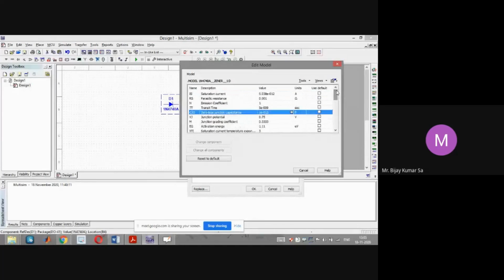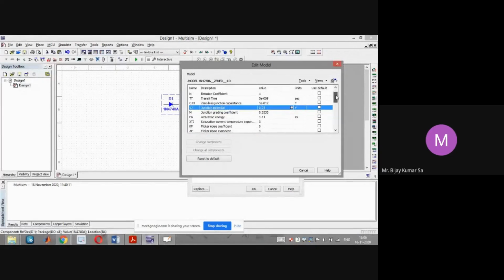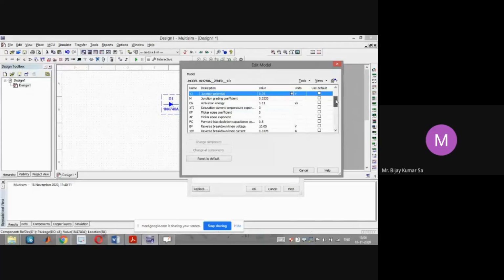Can we find the zener breakdown voltage? This is the knee voltage, junction potential, Vj. Yes, this is the reverse breakdown knee voltage. For our reference, I should better take note of it.